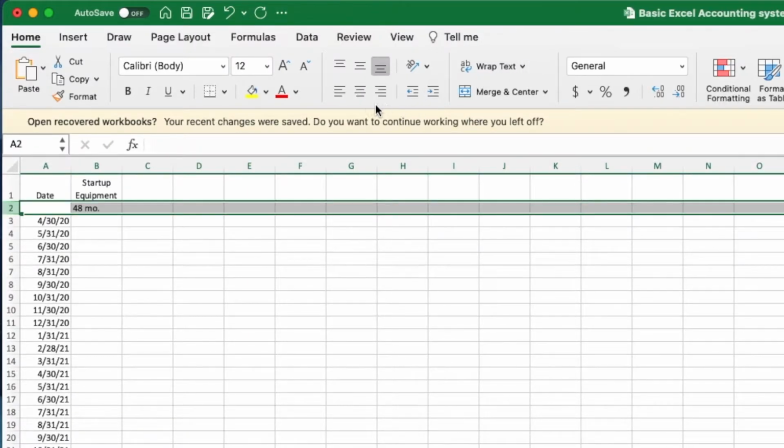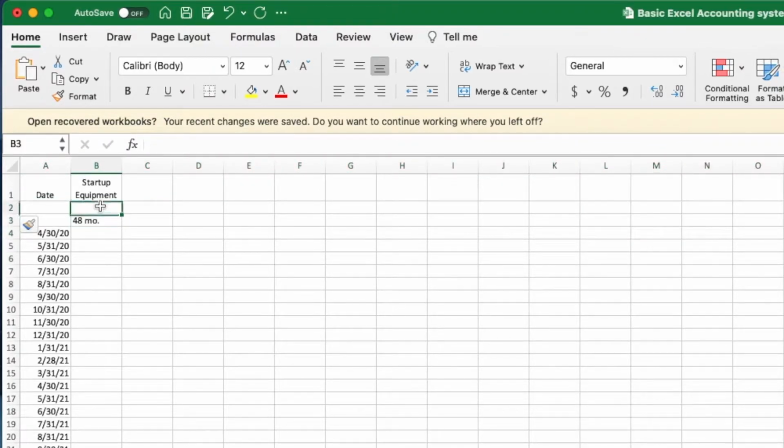We are also going to add in here cost. So this is startup equipment. It was $1,000, and it's going to have a useful life of 48 months. Okay, so that means in the first month, we are going to be depreciating this $1,000 divided by 48. There we go.